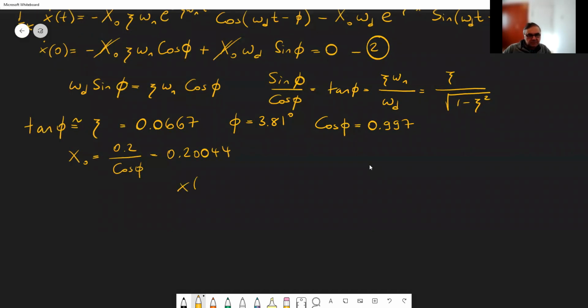X of t therefore is 0.2004 e to the minus zeta omega n t, which is 0.06 t, times cosine of t minus 3.81 degrees. So this is the result.